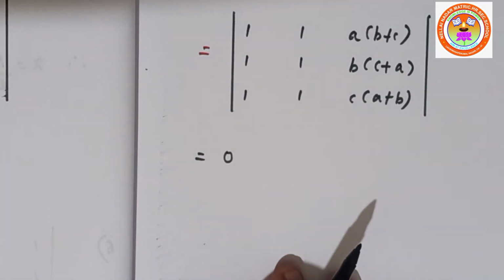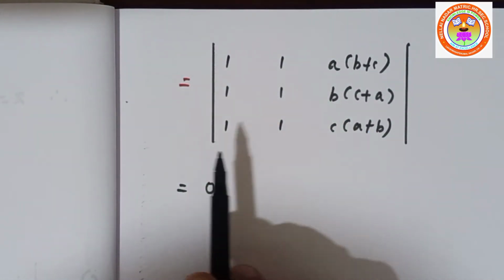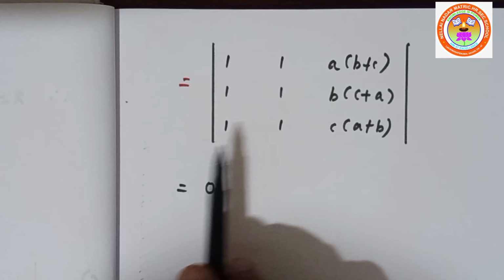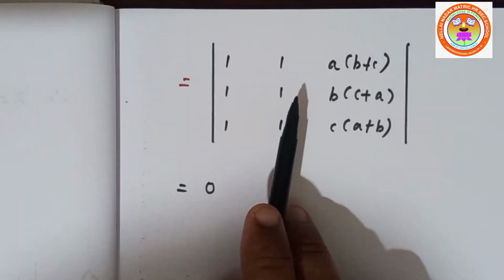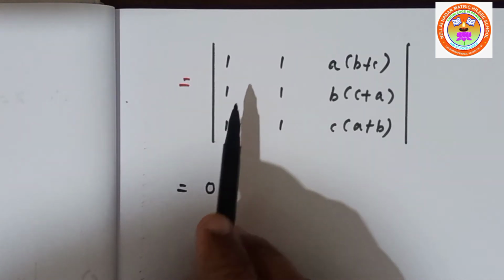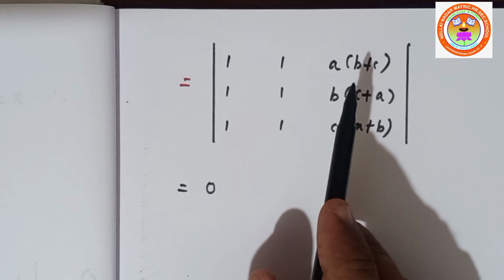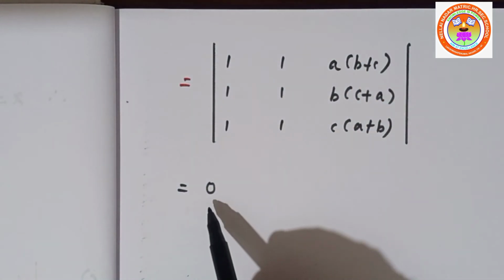You need not expand the determinant, because look at the first column and second column, both are identical. They have the same elements in the first column as well as in the second column. So if two columns or two rows are identical in a determinant, the value of the determinant is 0. That is one of the properties of determinants. So you can directly write 0.